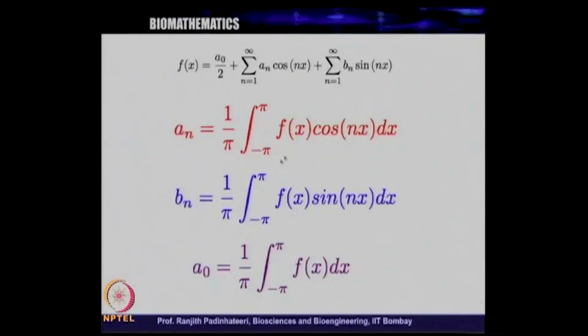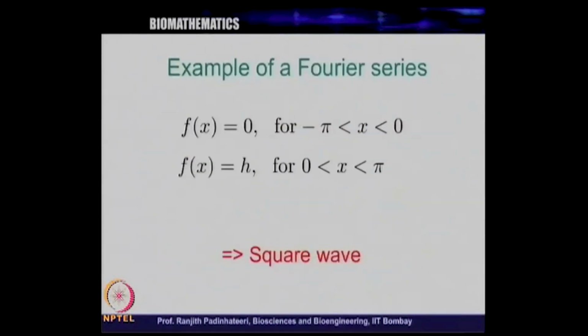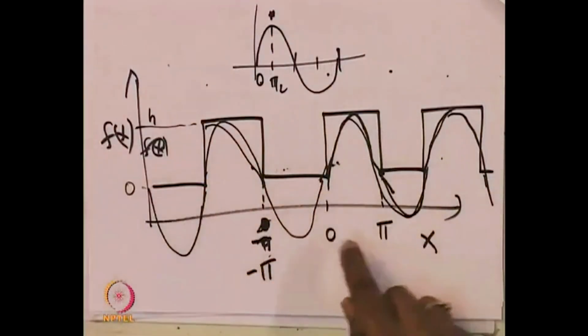So, f of x, so let us define what f of x is in our case. For a square wave, when x is between minus pi and 0, f of x is 0. That is what it is going to be here.